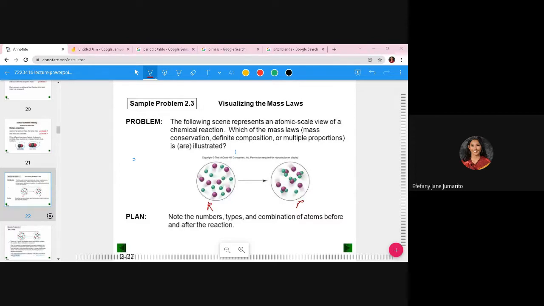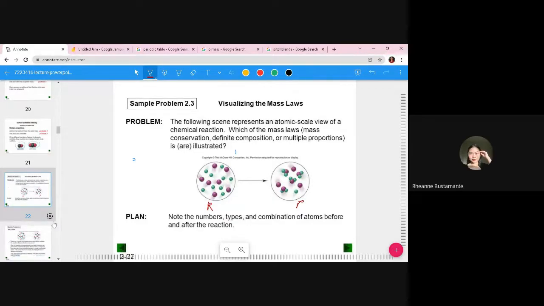How is the law of definite composition being applied here?